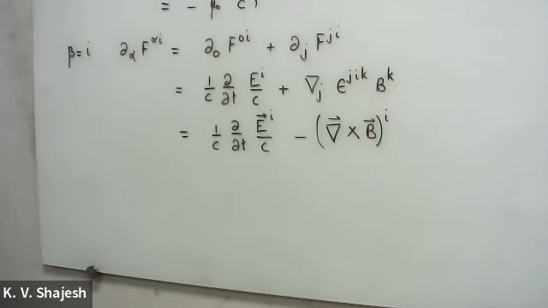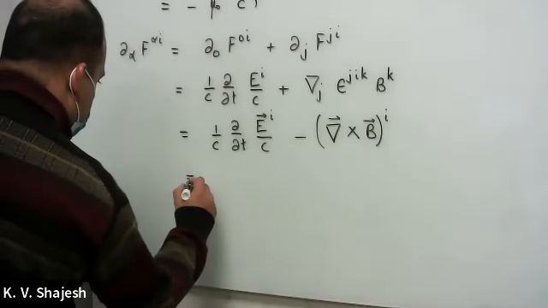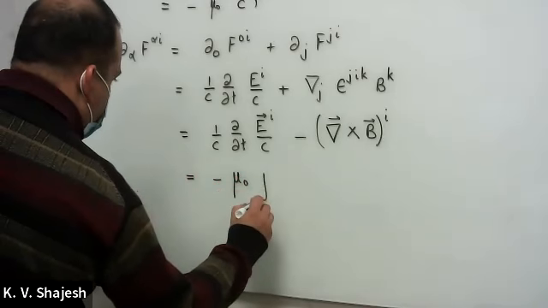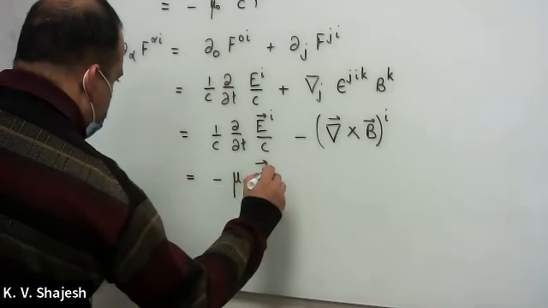And if I use Maxwell's equation now, this minus this will be minus mu naught J, right? So that's the same as minus mu naught times j I, if you want.